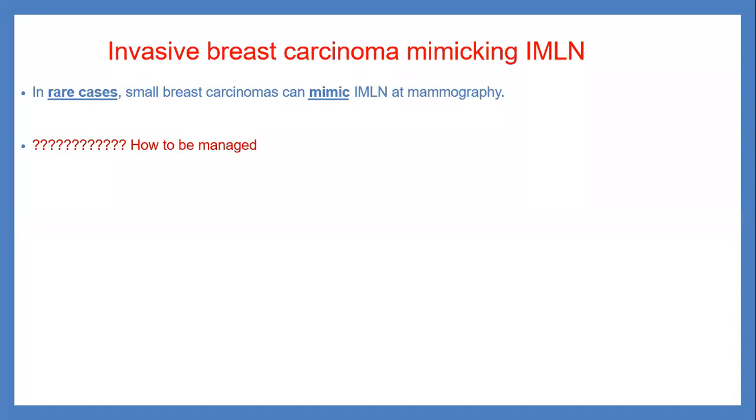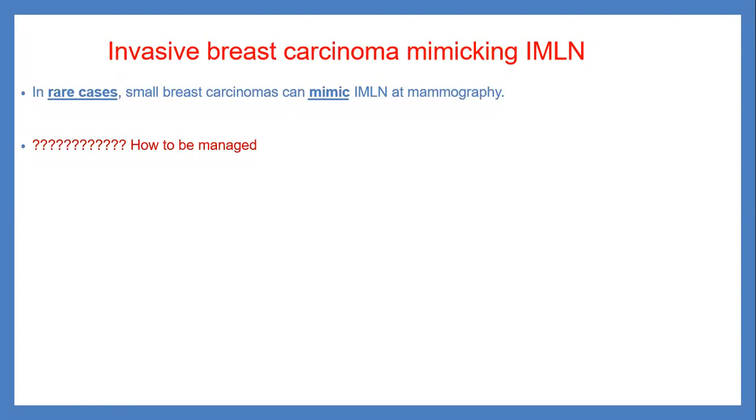How to manage these types of cases? So we have to be aware of how to manage the patients. If we have seen a small nodule, it might be an intramammary lymph node as in this case. So how are you going to manage the case?